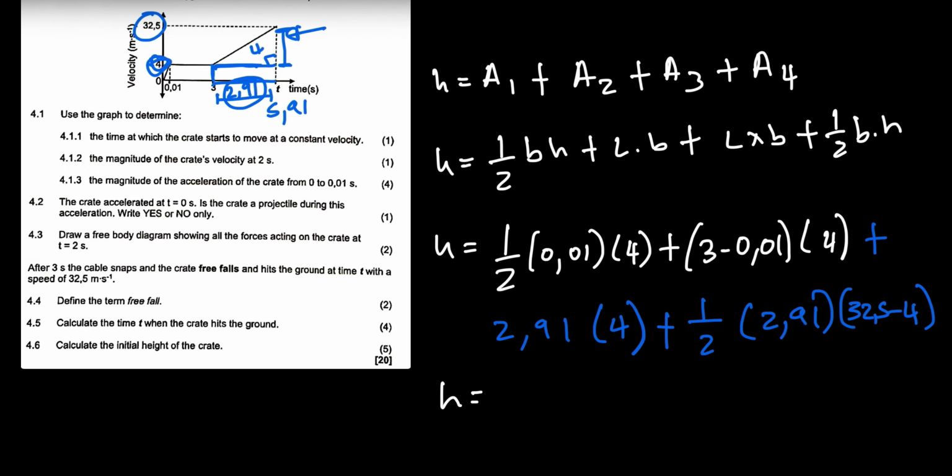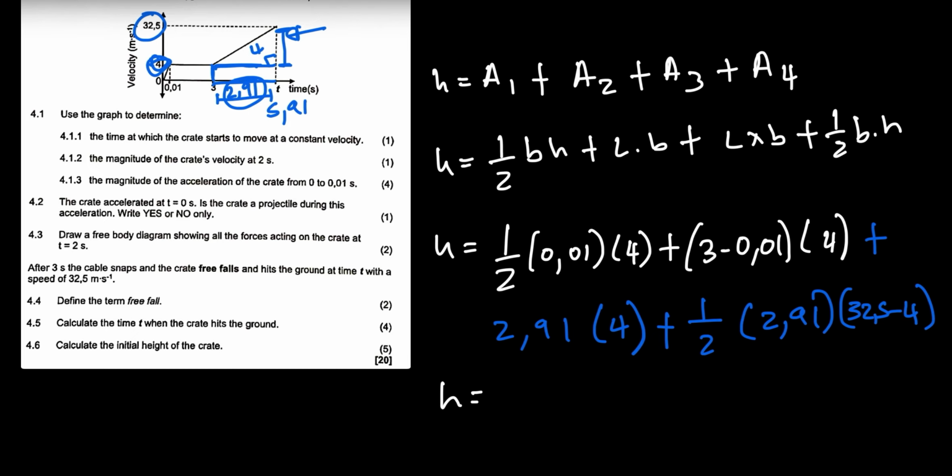So we have 1/2 into 0.01 into 4 plus 3 minus 0.01 into 4 plus 2.91 into 4 plus 1/2 into 2.91 into 32.5 minus 4.